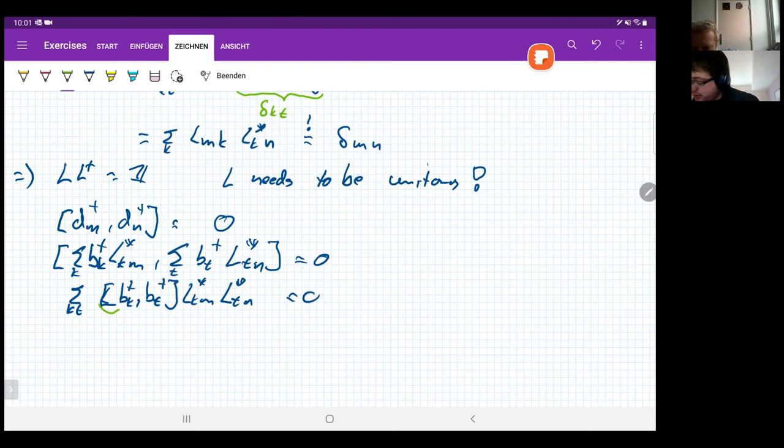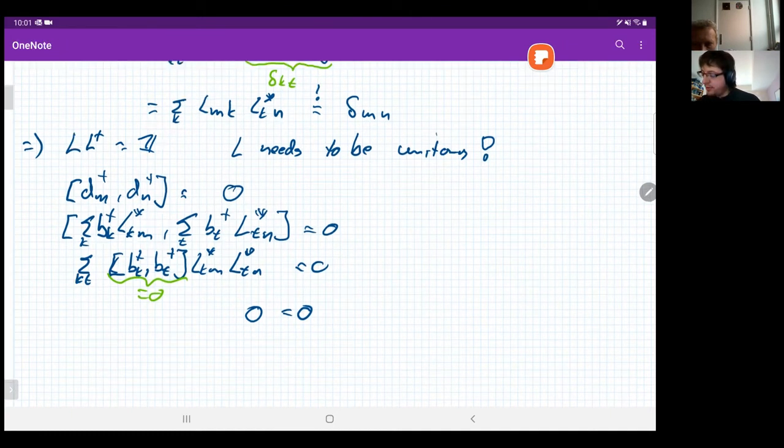But now this is also equals 0. So we just have 0 equals 0, and we don't get any further constraint. Okay, this is already the A. Now I directly jump to the B.